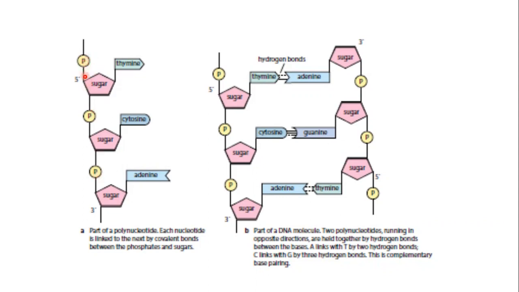Inside it, how will they attach to each other? They will attach with a bond that will form between the phosphate group and the ribose sugar. And this bond is known as your phosphodiester bond.